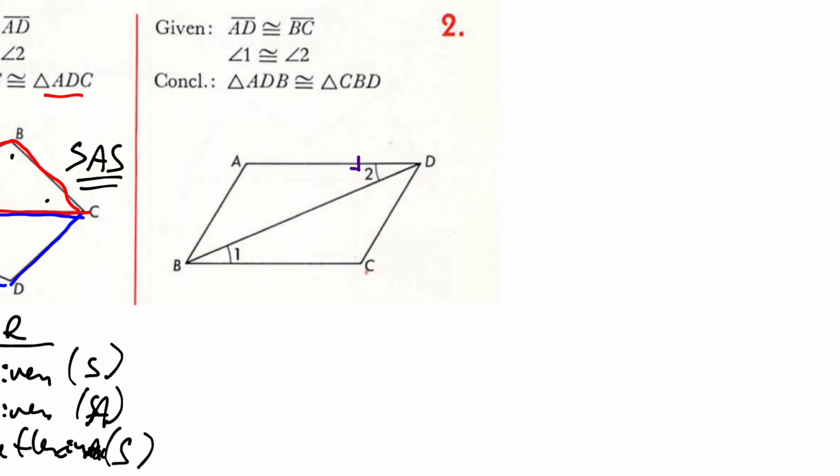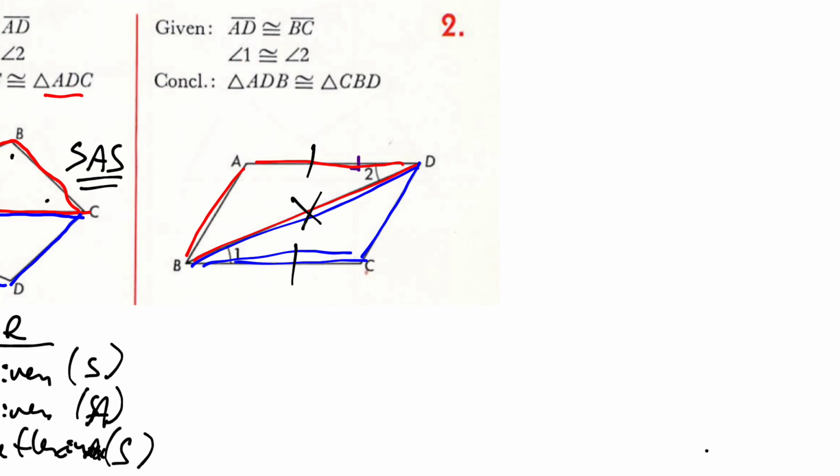So there's only 2 triangles in this picture. Sometimes there's more and it gets a little harder to see, but ADB is this red triangle and CBD is this blue triangle. And first thing I'm noticing is the shared side, so that's going to be reflexive. They also tell us outright that AD is congruent to BC, so I have 2 sides now.